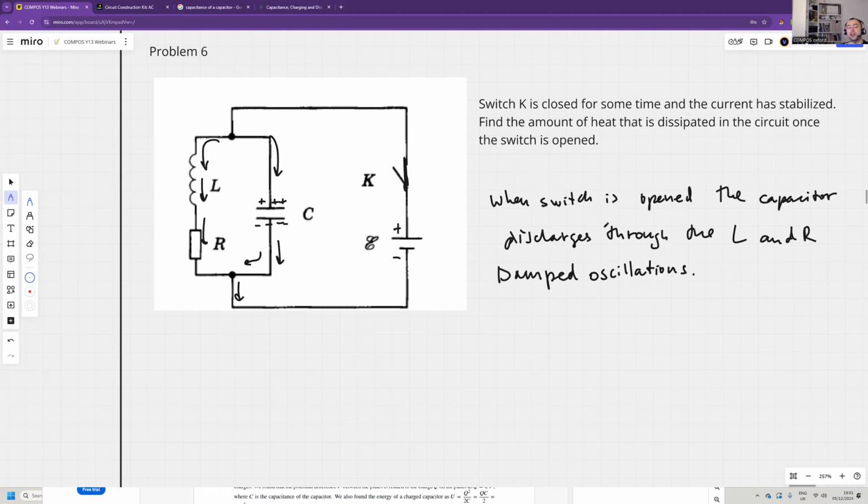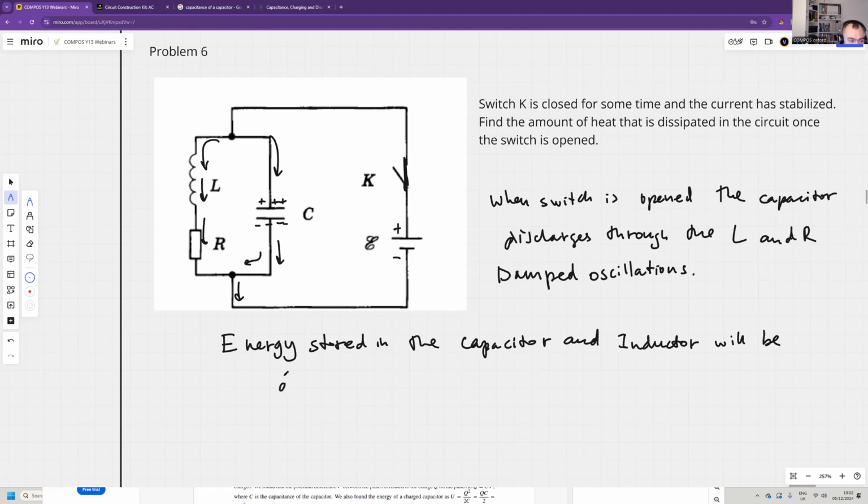The oscillations will die down once all the energy has been dissipated through the resistor. So the energy stored in the capacitor and inductor will be dissipated through the resistor.